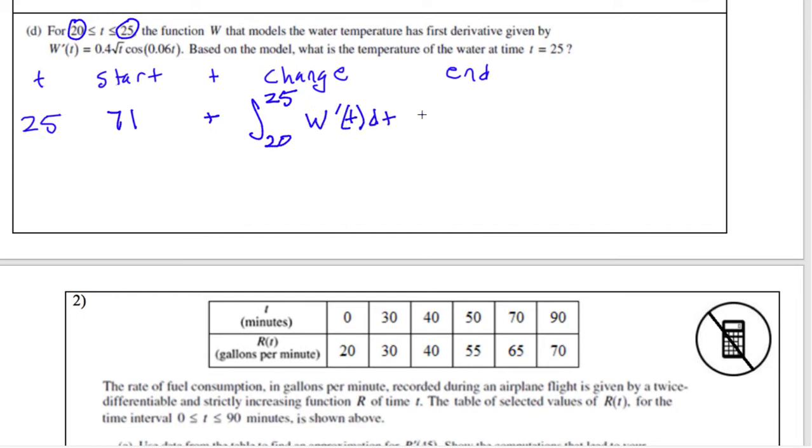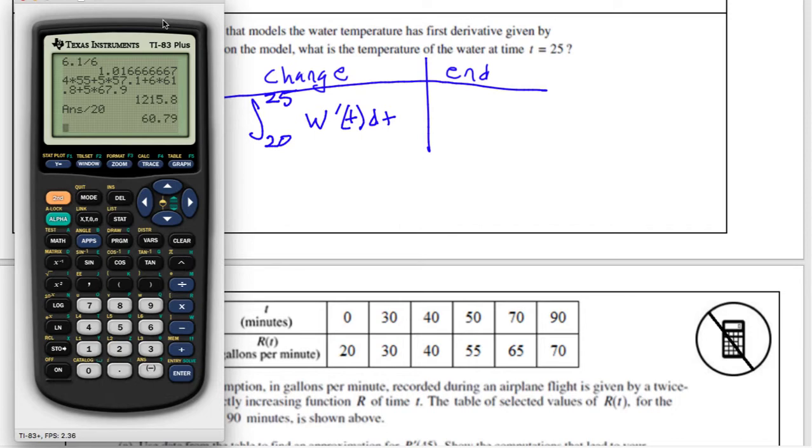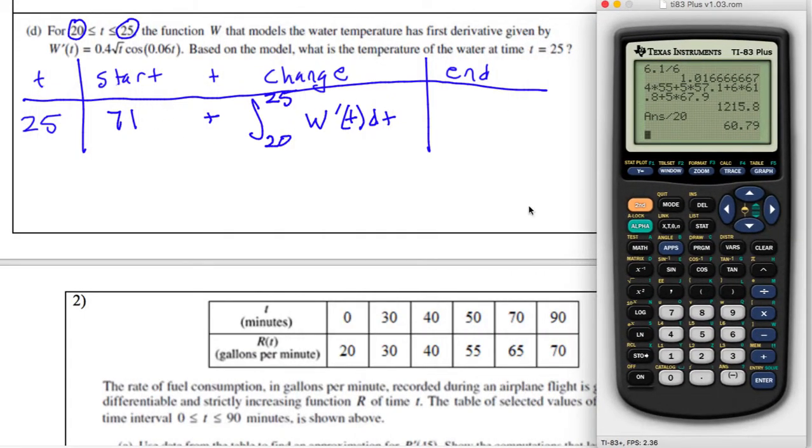And again, this is a calculator problem, so I can actually type this all in. I'm going to find the end value: 71 plus. I have to come back and say, what was w prime of t? W prime of t is 0.4 times the square root of x, all of that times cosine of 0.06x.